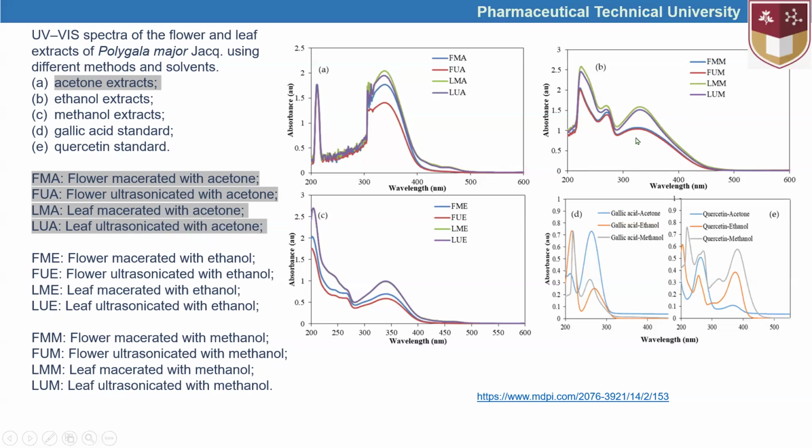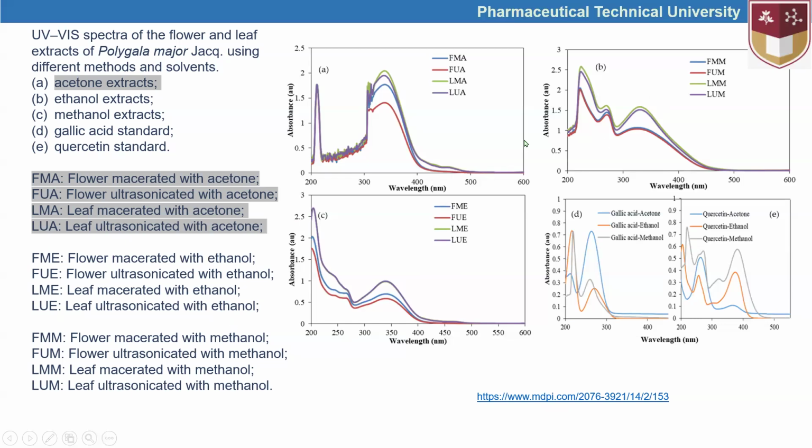And in this case, we can see B1, flower macerated with methanol, FMM. In this case, I didn't find this color. Maybe it was my mistake. Now I noticed it.